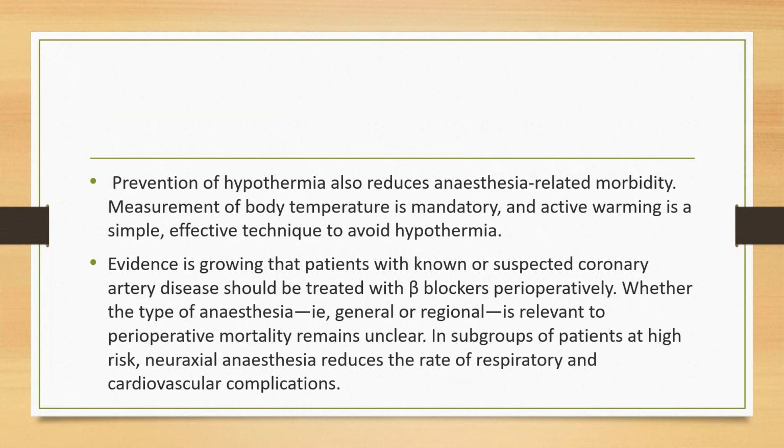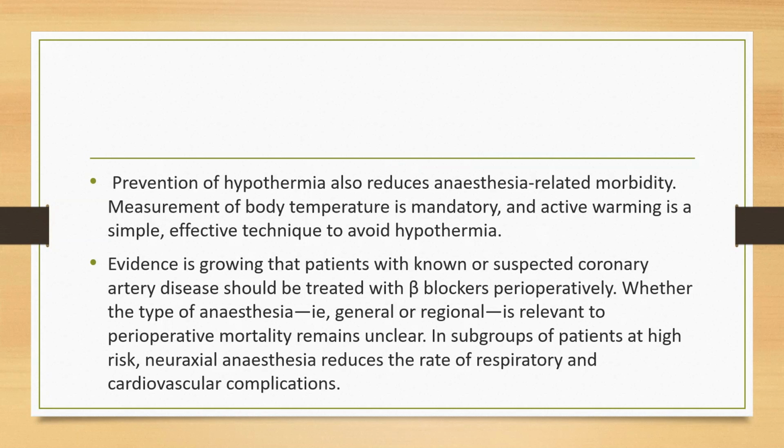Prevention of hypothermia also reduces anesthesia related morbidity. Measurement of body temperature is mandatory and active warming is a simple, effective technique to avoid hypothermia. Evidence is growing that patients with known or suspected coronary artery disease should be treated with beta blockers perioperatively.